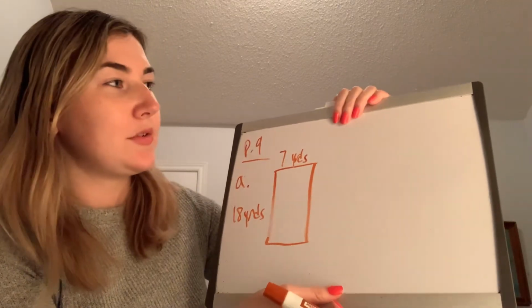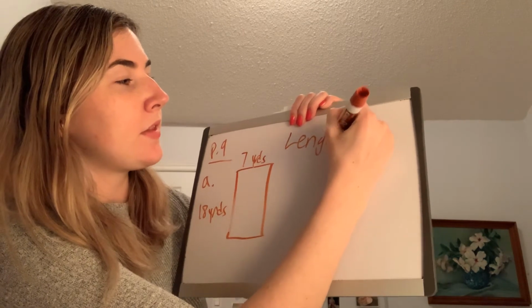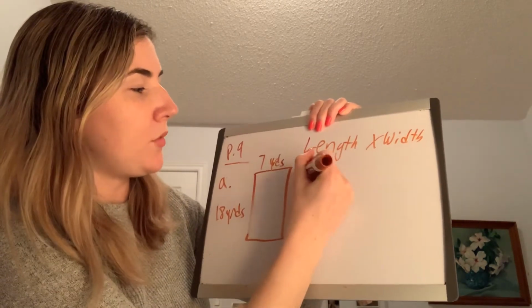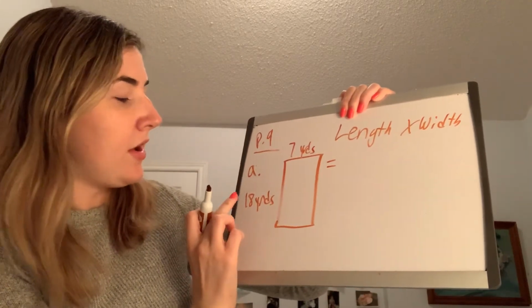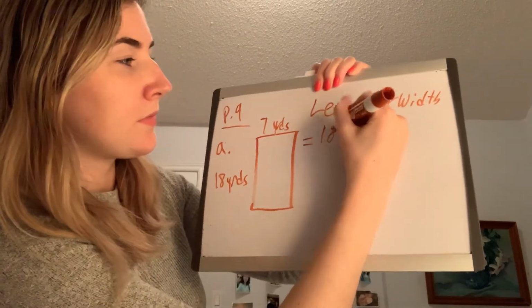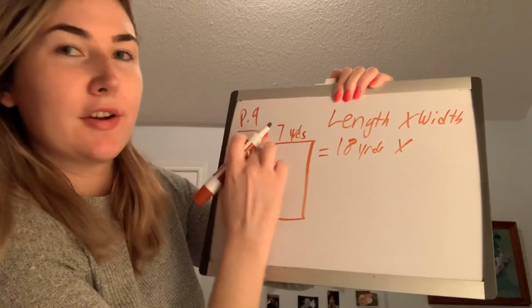So remember, we need to write down our formula, length times width, and then we'll plug that in. So we have our length is 18 yards times 7 yards is our width.